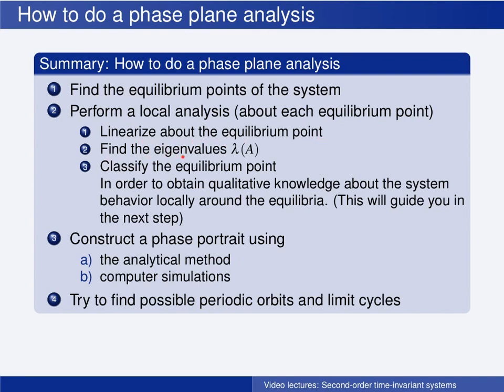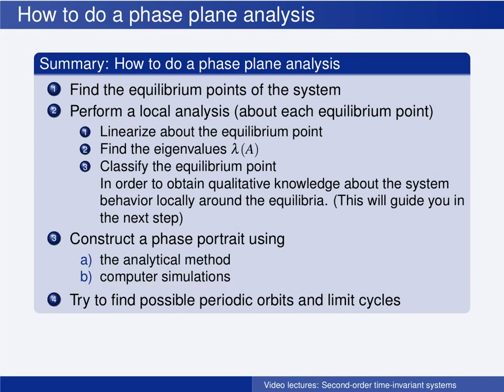We find the eigenvalues of the resulting system matrix A, and we classify the equilibrium points. And then, unless the real part of an eigenvalue is zero, we know how the system will behave locally around each equilibrium point, and this will guide us in the next step, which is constructing a phase portrait using either the analytical method or using computer simulations.